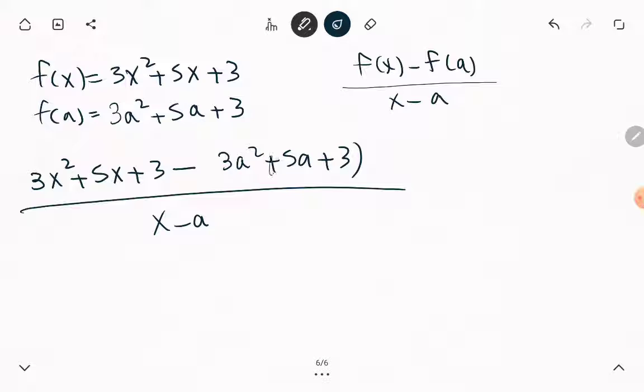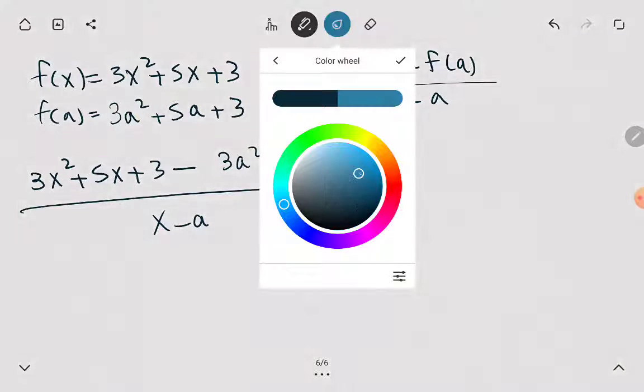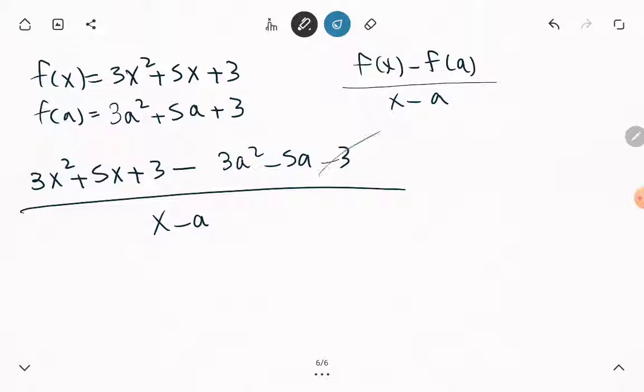So here it's going to be negative 5a, here is going to be negative 3. I'm removing the parentheses for you. So now I can go ahead and cancel negative 3 and positive 3.